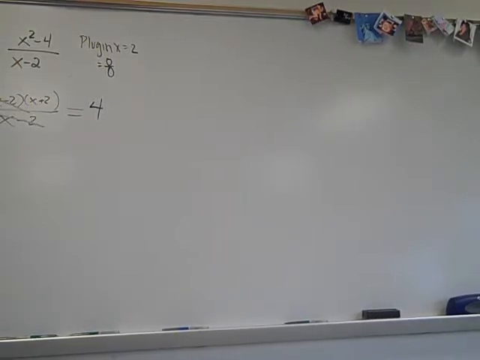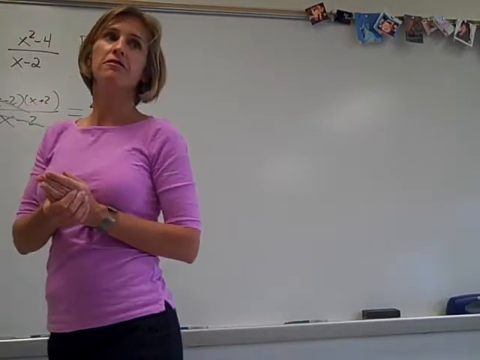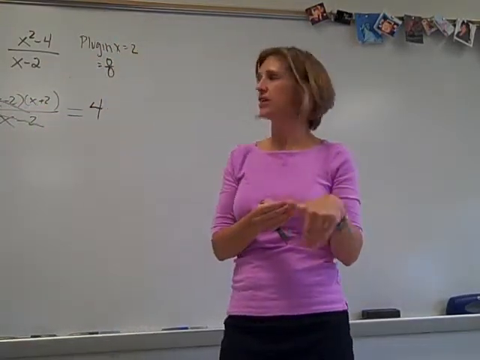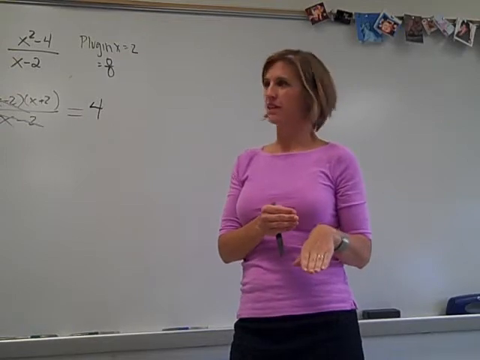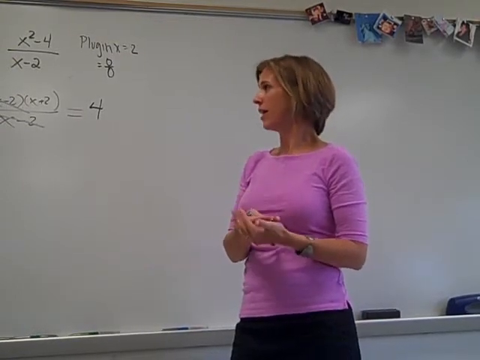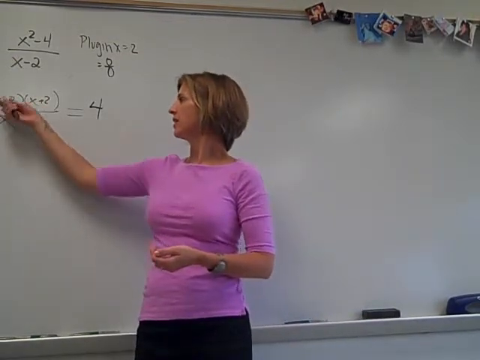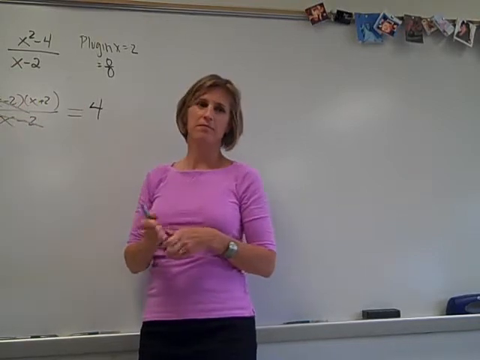When you plug things back in where there's a hole, do you plug it into the original one or the factored one? Factored. If you plug into the original, you're going to get 0 over 0 again. Let me say this again because it's tricky. If you plug in from the start and you get 0 over 0, there's probably an answer, you just have to find it. One way to do that is to try factoring and reducing, and then plug in.